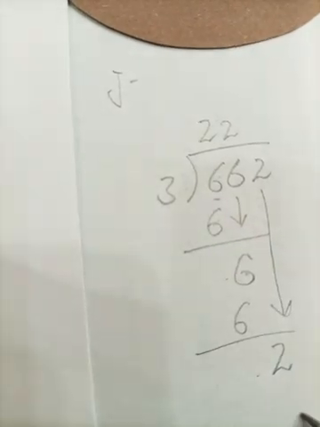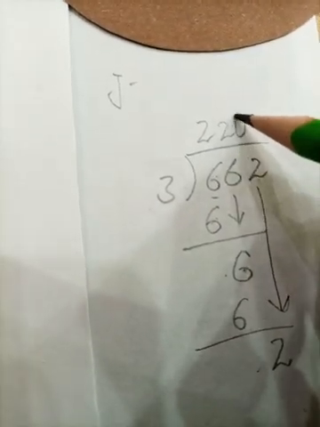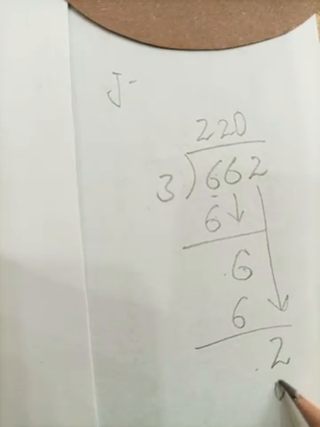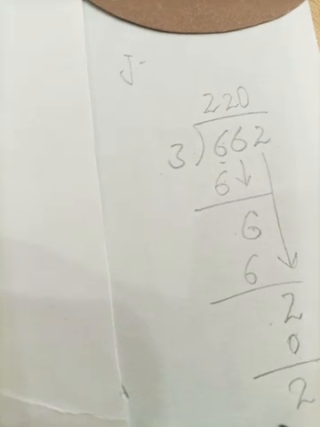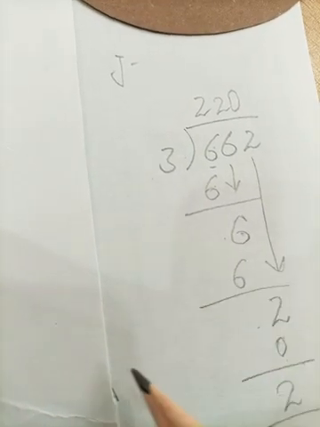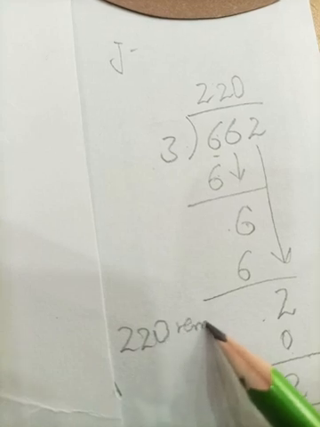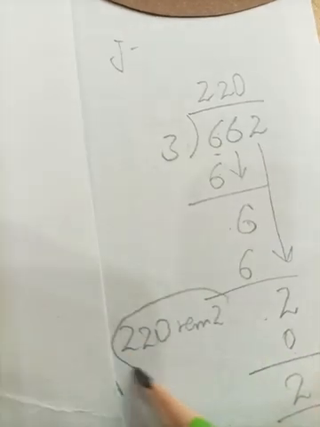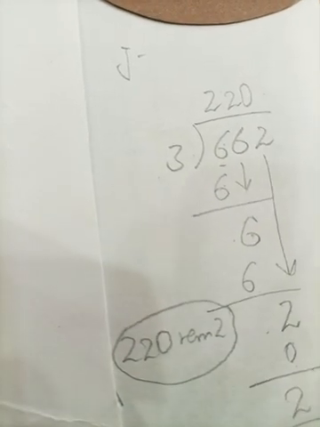Now students, 2 is smaller than my divisor. So I will write 3 zeros are 0. Remainder is 2. 2 minus 0 is 2. So students, what will be my answer? 220 and remainder is 2. Okay students, here is our answer.